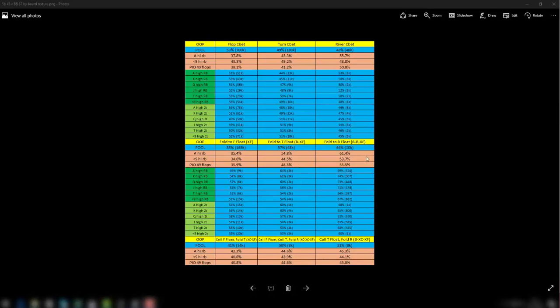Let's do another one. The check-fold line on the river after double barreling. So if we call this 56% for what the PO does across the 49 flops, there's an 8% hotspot in play there. Let's look at what PO would do on an ace-high rainbow board, 61%.